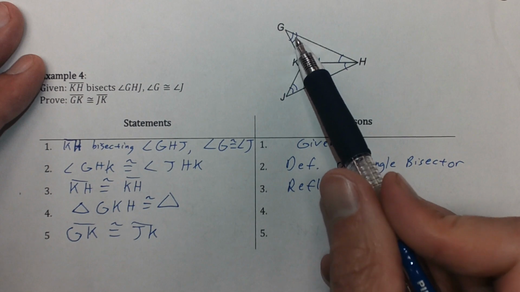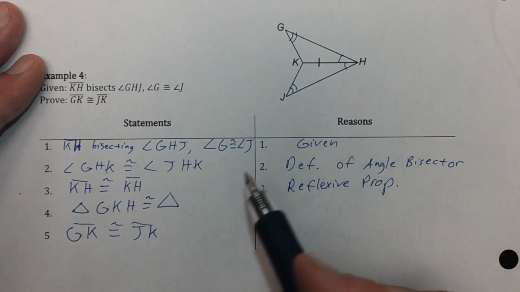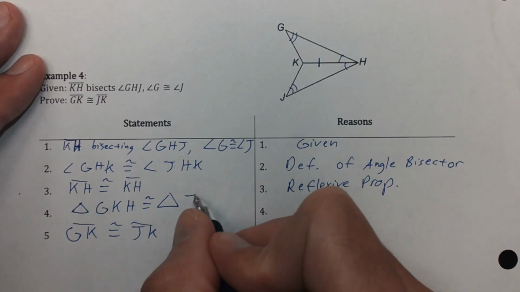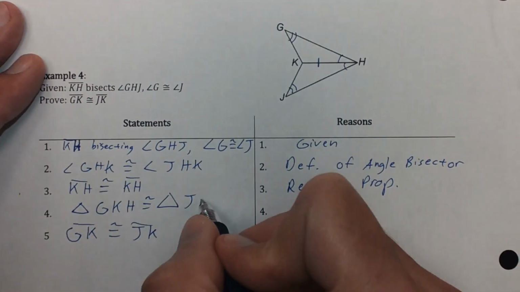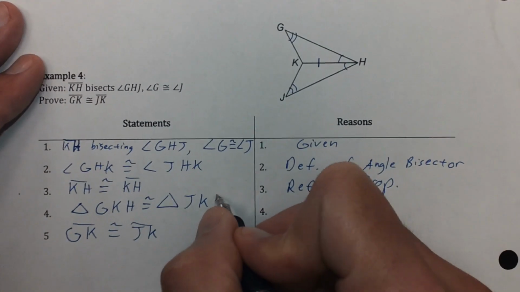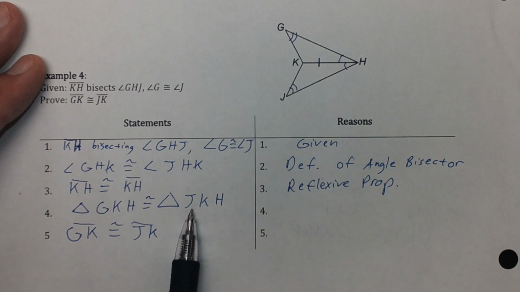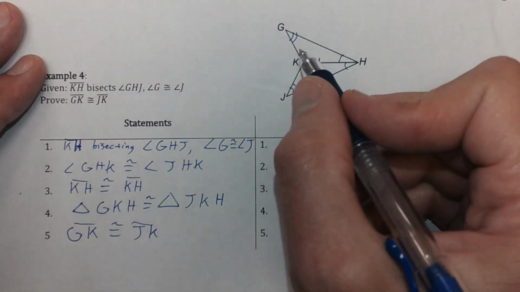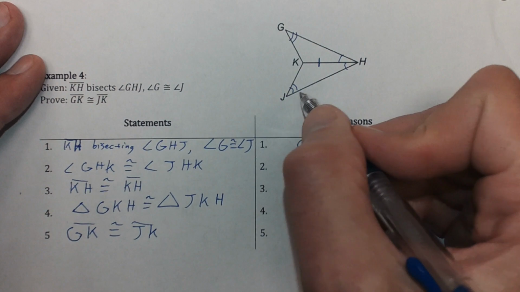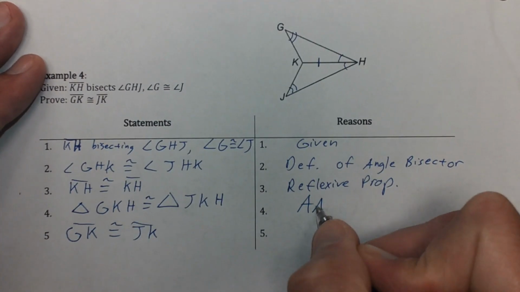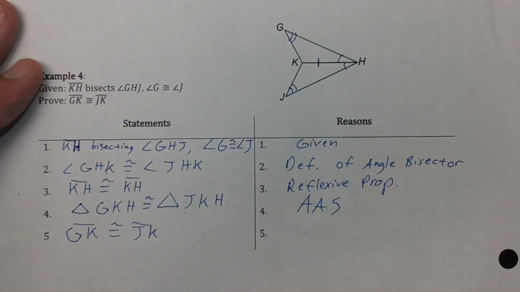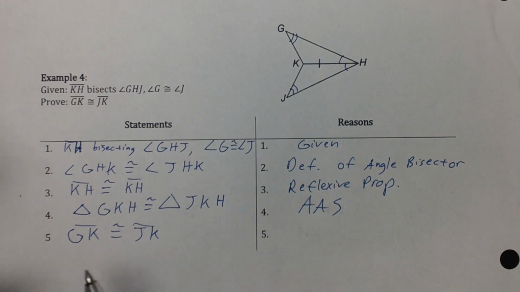So I went from double arc to no arc to single arc. Double arc is J, no arc is K, single arc is H. So triangle GKH is congruent to triangle JKH. And what did I use again? Angle, angle, side. So that's my reason.